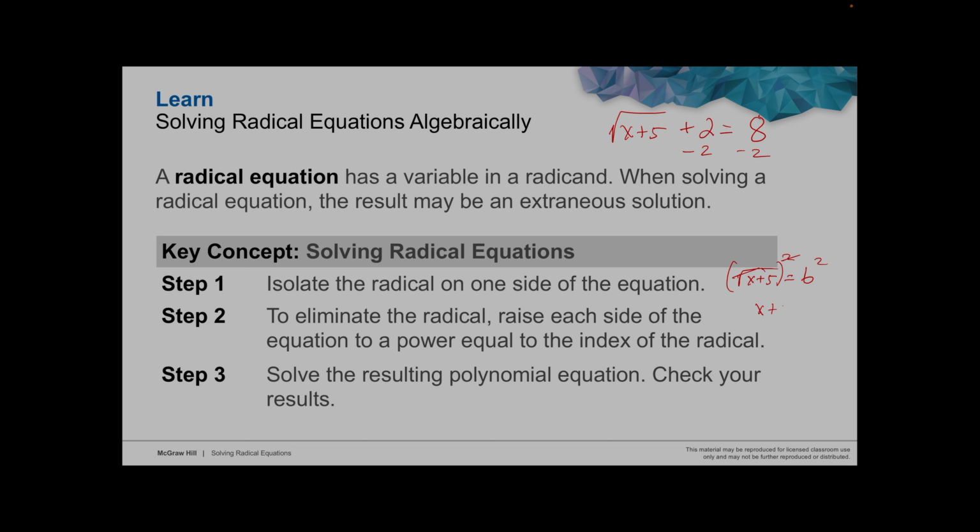Solve the resulting polynomial equation and check the result. So you subtract 5 from both sides, you get x is equal to 31. Now, it's important with this stuff that you check the result to make sure that it works, because you are going to get extraneous solutions.